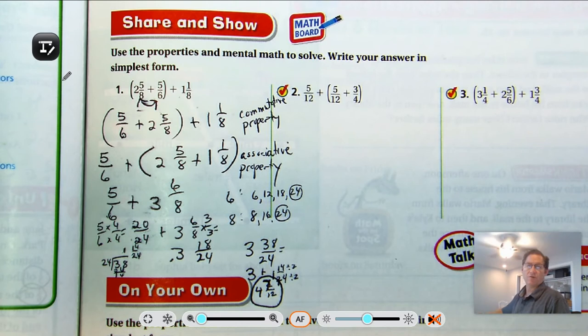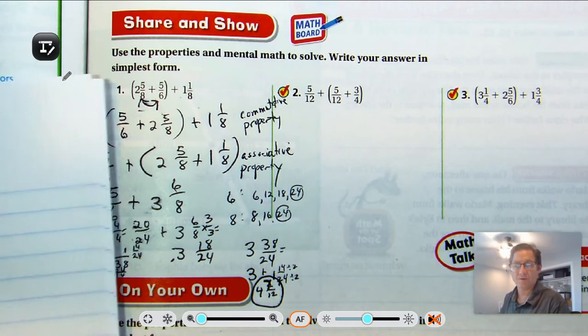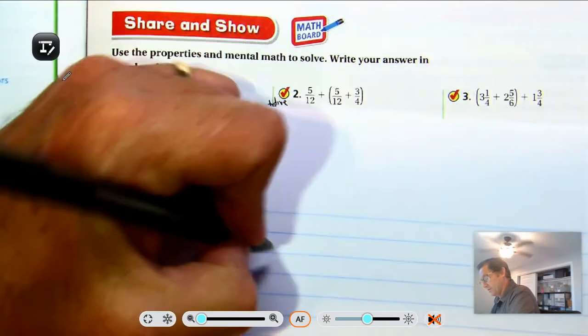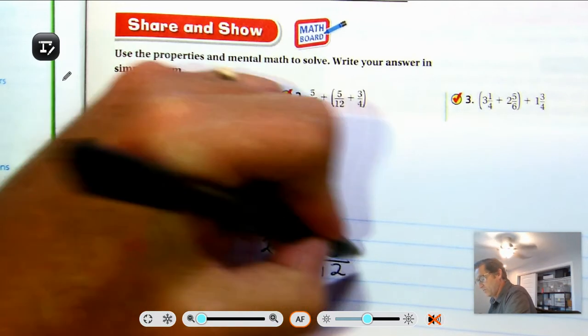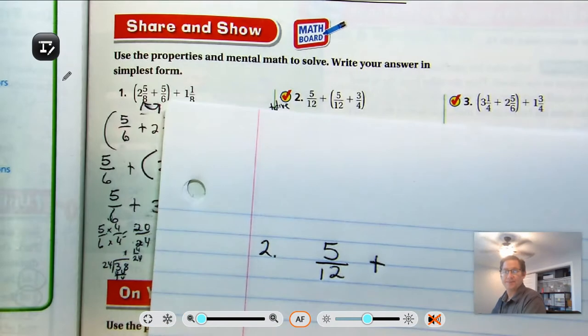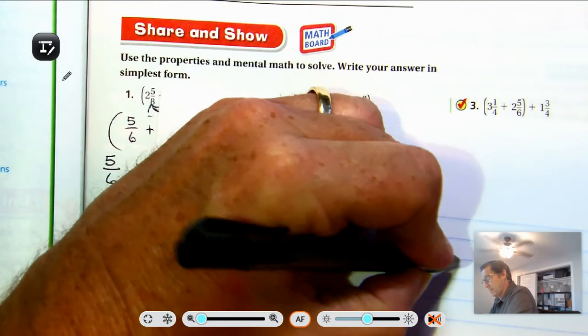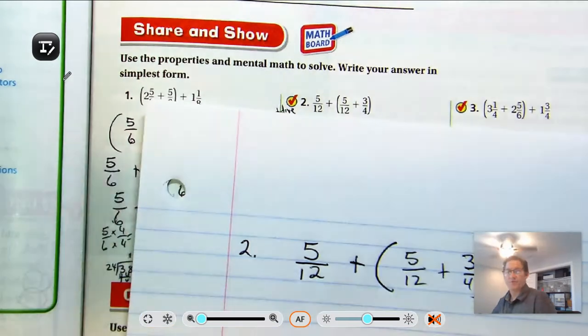Okay, number 2. I'm going to go ahead and do number 2 on a separate sheet of paper. I noticed that got a little cramped at the end. So let's look at number 2 on a separate sheet of paper. 5/12 plus the sum of 5/12 and 3/4.